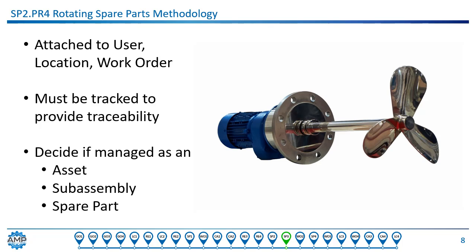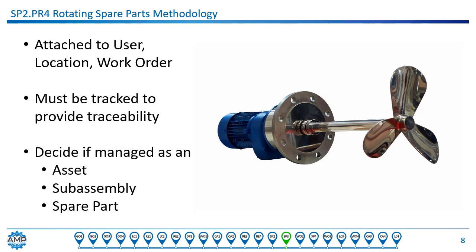The thing to remember is that we have to know where each agitator is located, whether installed, being maintained, or in storage waiting for its next installation. Most modern CMMS configurations treat rotating spares as special cases. The terminology is typically rotating asset, and by flagging something as a rotating asset, it is assigned a log of movements.